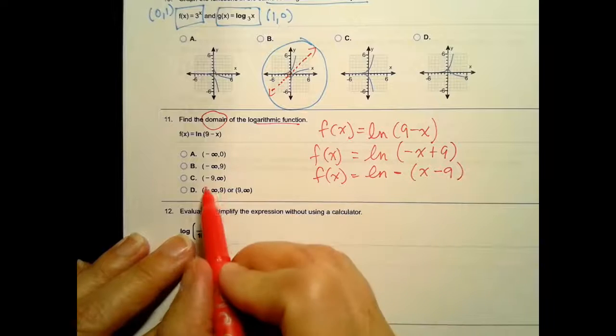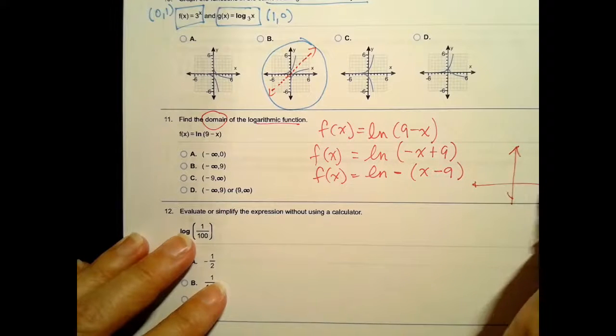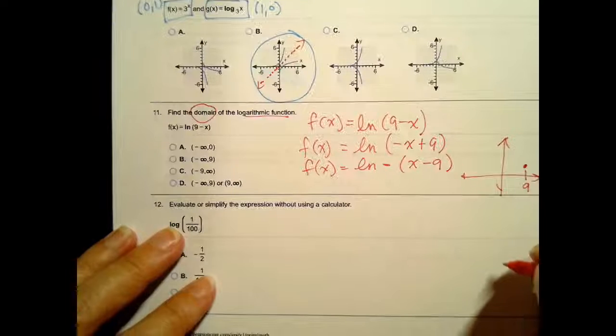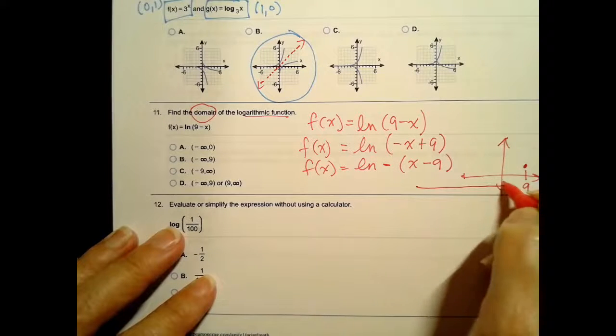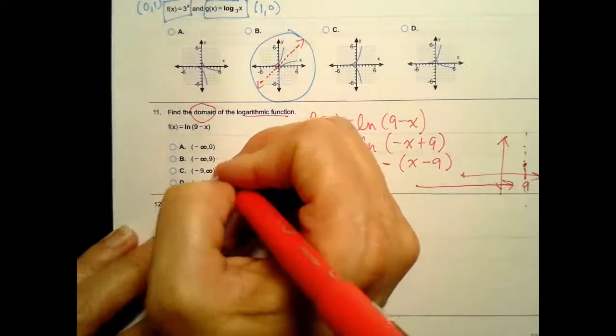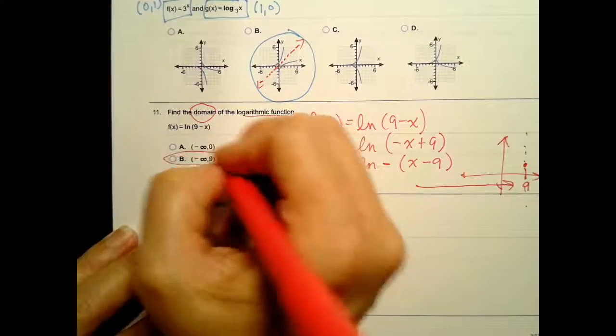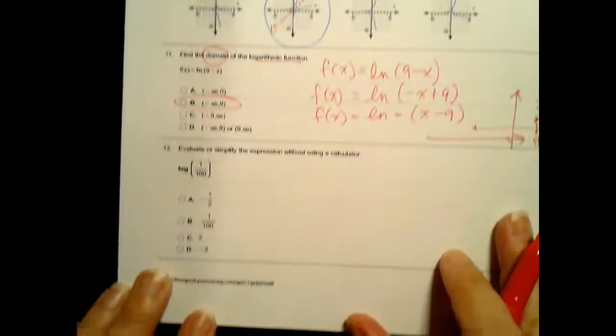So your domain, it's going to travel, okay? It's going to travel all the way out to 9. So your domain is going to go, woo, and then it's going to stop right there, right? It's going to travel out to the 9. So the domain for this one would be negative infinity to 9.